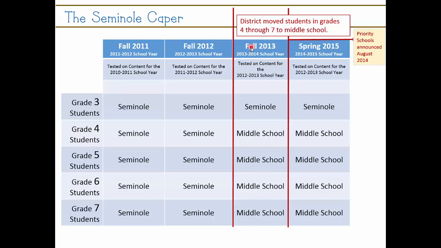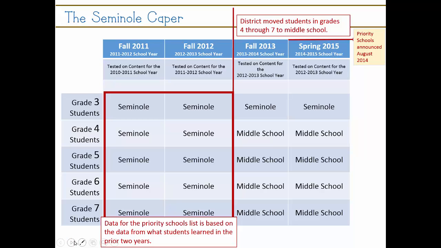In the fall, coming up this school year, which begins here, there will be an announcement that Seminole is a priority school. Now, in figuring out who goes on the priority list, the MDE uses the past 2 years of data that represents the prior 2 years of learning from when the test was taken.